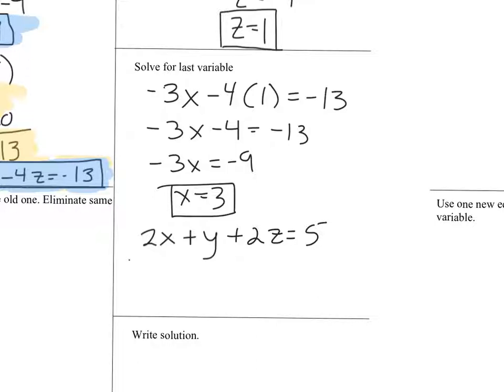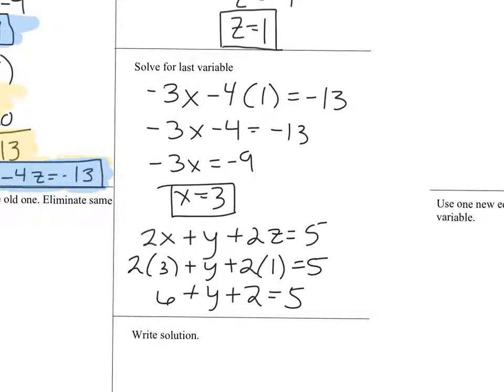We know x, so that's 2 times 3, plus y, and we know z, so plus 2 times 1. So 2 times 3 is 6, plus y, plus 2 equals 5. 6 plus 2 gives me 8 plus y equals 5. Then we subtract 8 from the other side, and y equals negative 3.